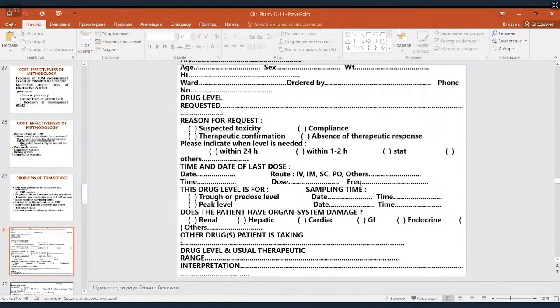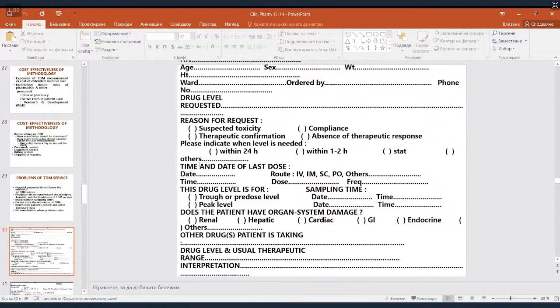So you write the patient's name, age, and other information, the drug or drugs that you want to be assessed, the reason for your request. Do you suspect some toxicity? Do you want to assess compliance? Do you want to just confirm the therapeutic effect of the drug? When do you need the result? Stat means statim, or immediately, within 24 hours, or within 1 to 2 hours.